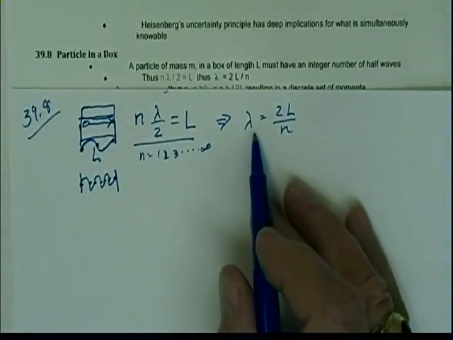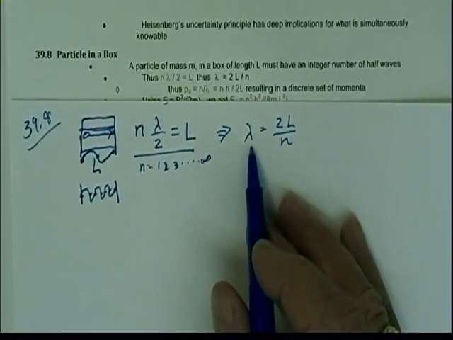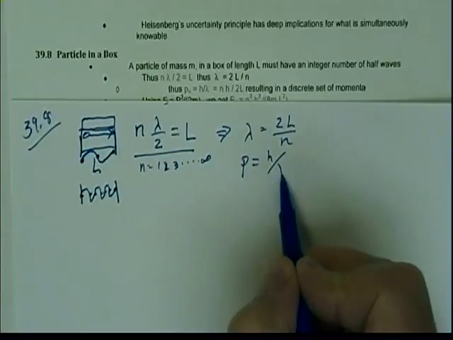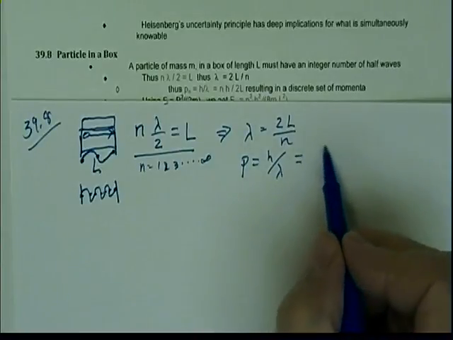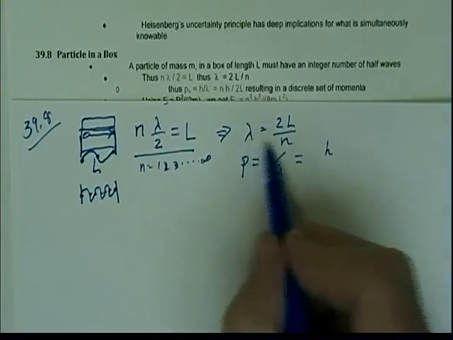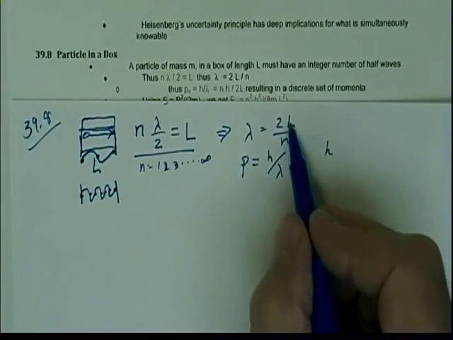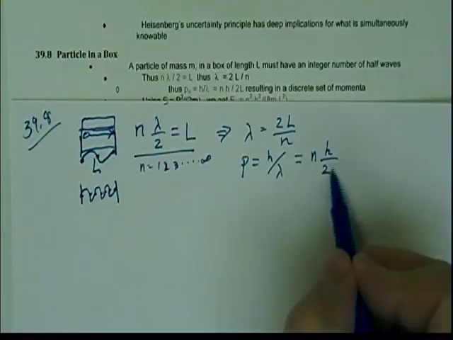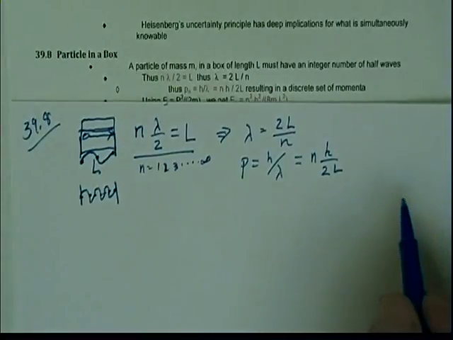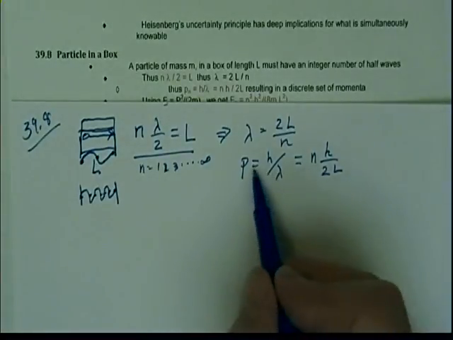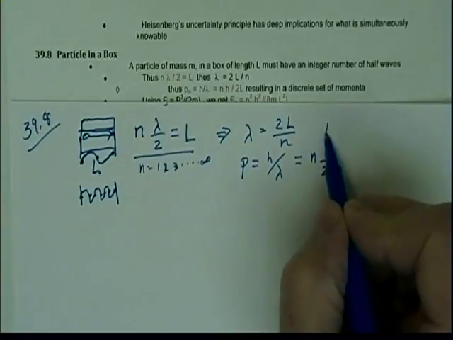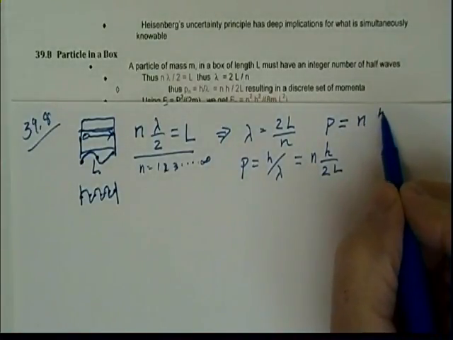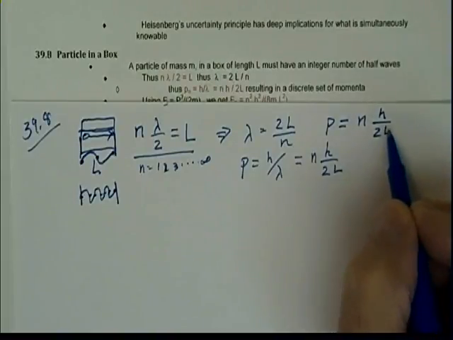Well, where does this get us? Well, we know what the momentum has to be. The momentum, you recall, is Planck's constant divided by the wavelength. So now I'm going to take Planck's constant and divide by the wavelength. So I invert this and multiply. It's going to give me n times h over 2L. So now I have a momentum, p, that must equal a multiple of h over 2L.